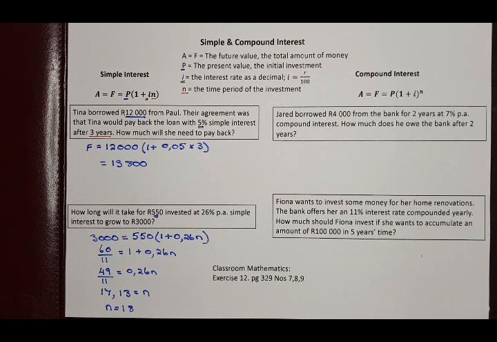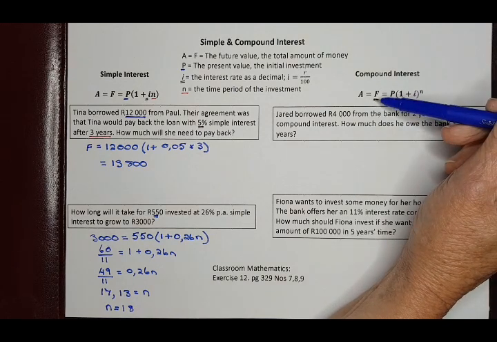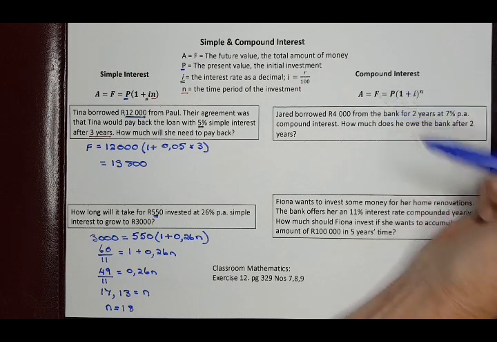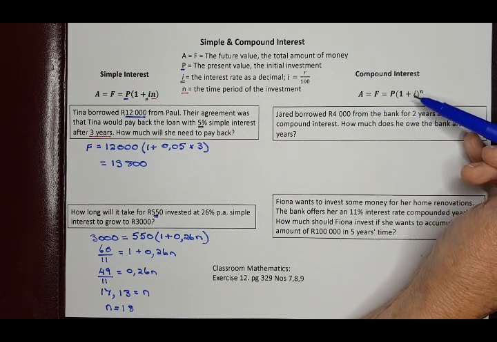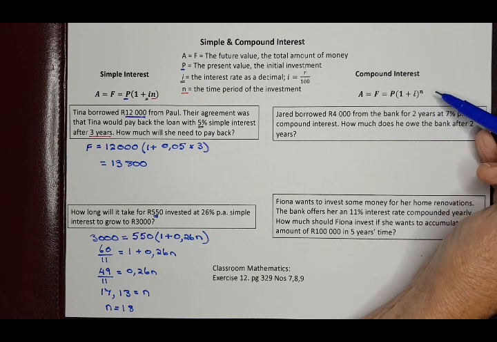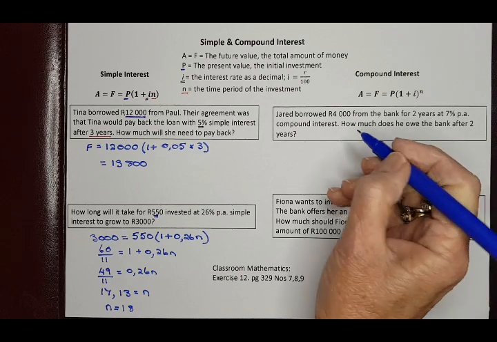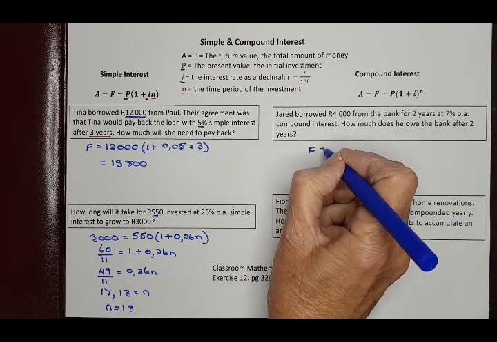Okay, now the two compound interest questions. Compound interest, your future value or the total amount that you have in your account at the end, your present value, your interest rate, and your number of time periods, the time period for the investment. In this particular case, again, we're being asked for the future value.